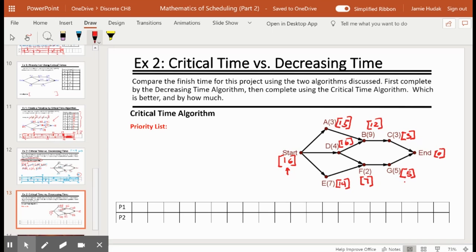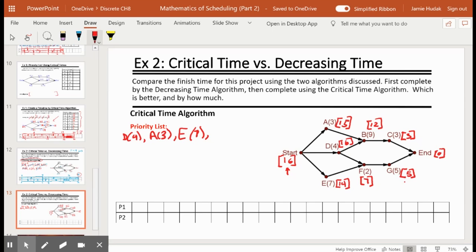Let's make our list. First task is D. Remember, we use the task time, not the critical time, when we're scheduling. So the priority list starts with D4, then comes A3, E7, and a 3, all right, that's 16, 15, 14.